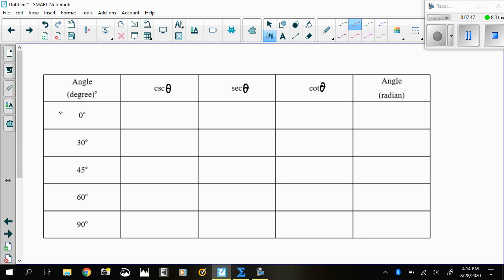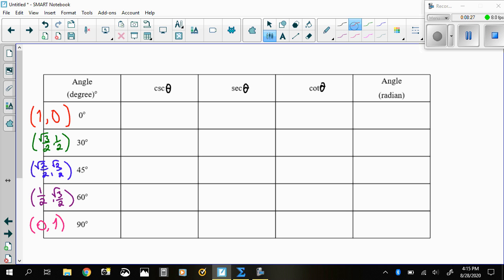So again, 0 has the ordered pair of 1, 0. 30 is square root of 3 over 2, 1/2. 45 is square root of 2 over 2, square root of 2 over 2. 60 is 1/2, square root of 3 over 2. And 90 is 0, 1.